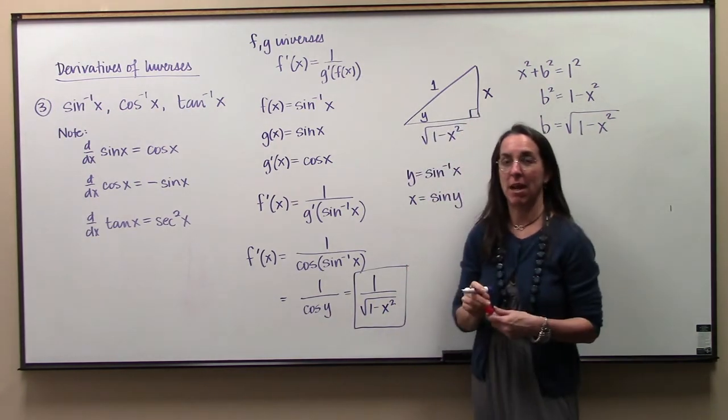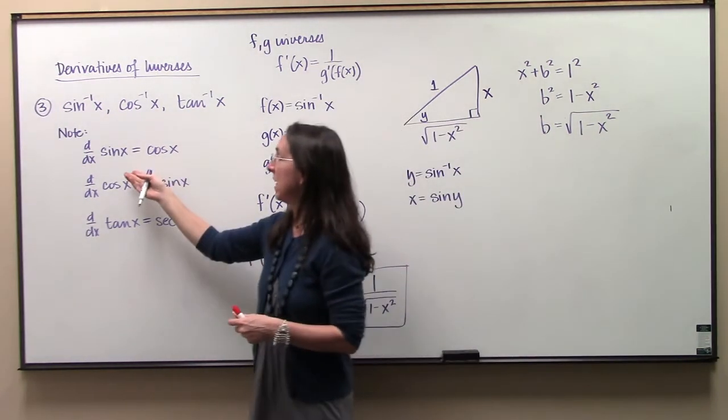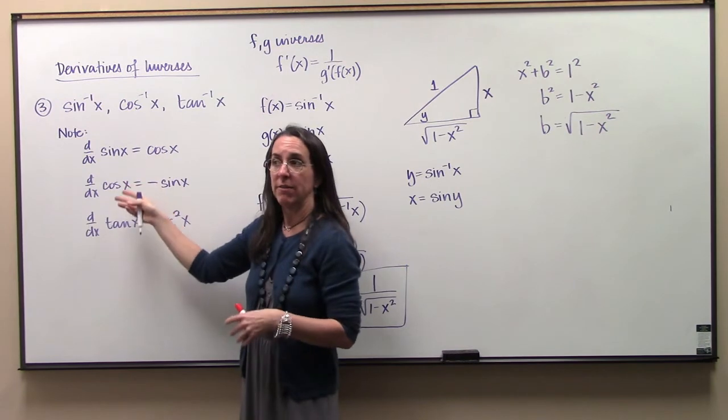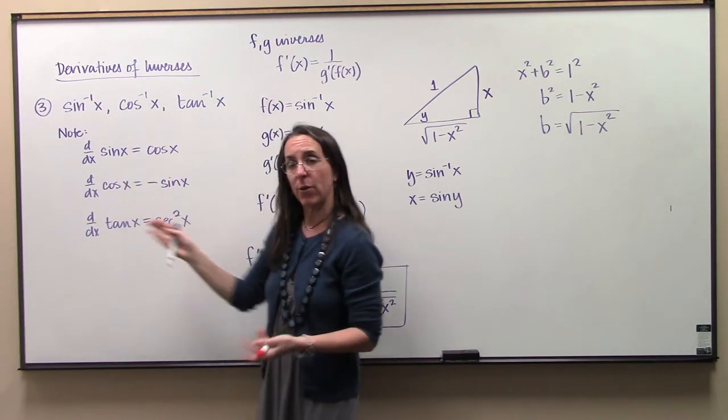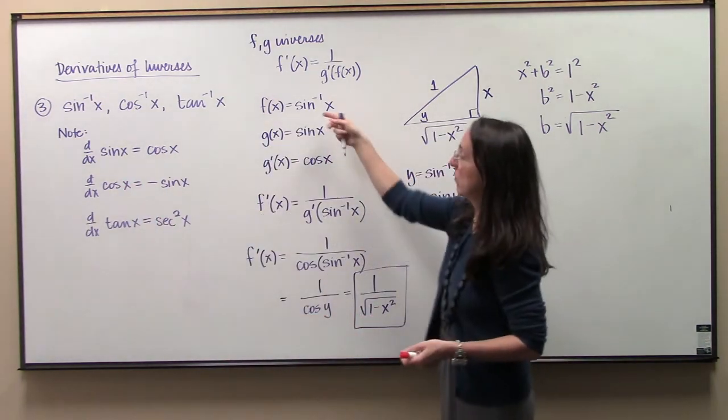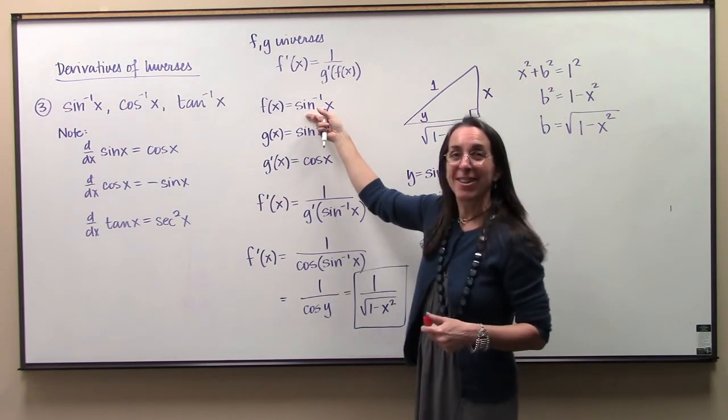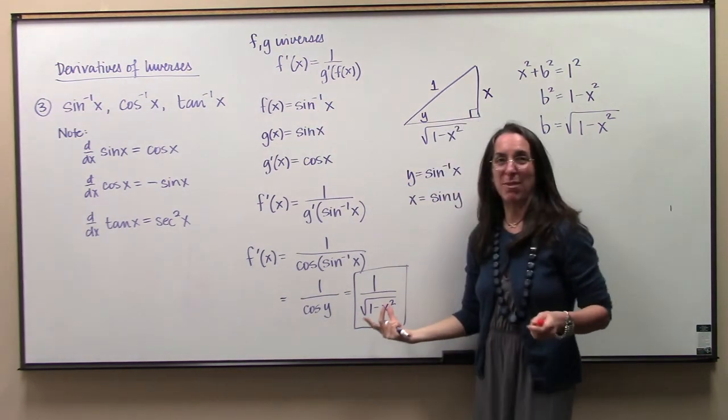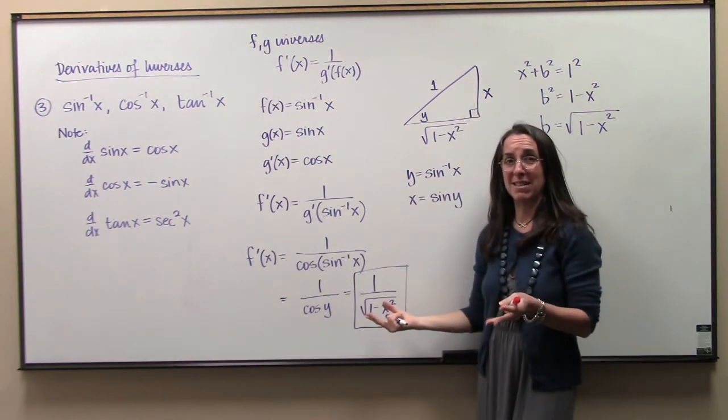Super crazy, right? The derivative of sine and cosine kind of relate to each other back and forth, but the derivative of arc sine is this algebraic thing that doesn't have any trig pieces in it at all.